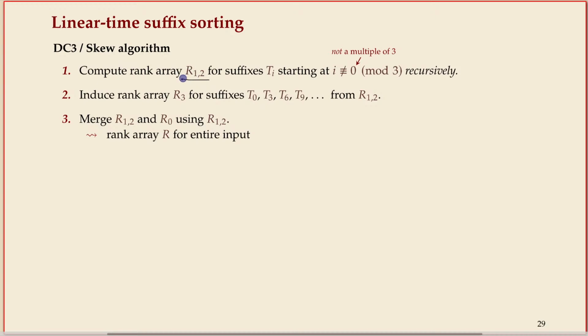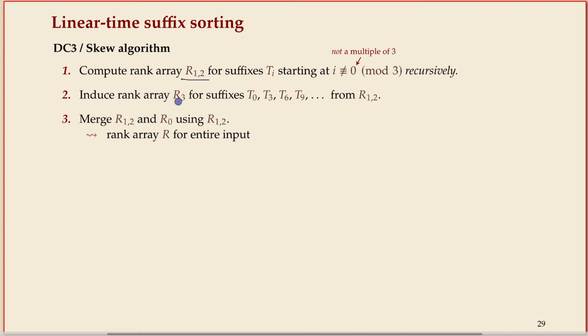What I should say about these ranks, so this R12 and R3, these are only ranking relatively within their set of indices. So R12 tells you among all those that don't start at a multiple of 3, which is the first, second, third, and so on, it doesn't put this in relation to the total set of all suffixes.